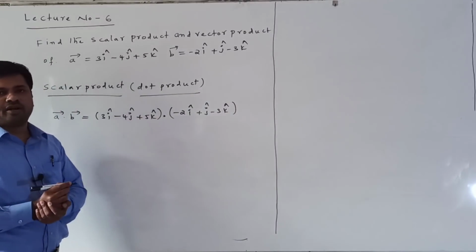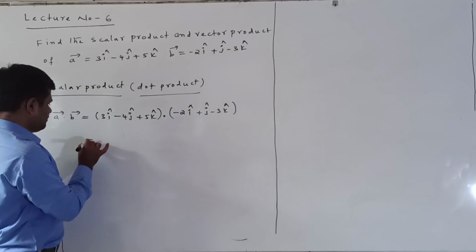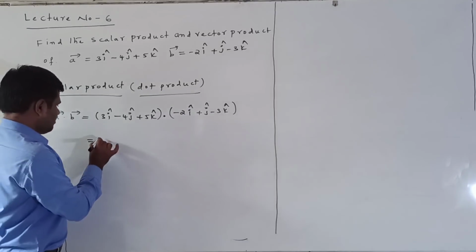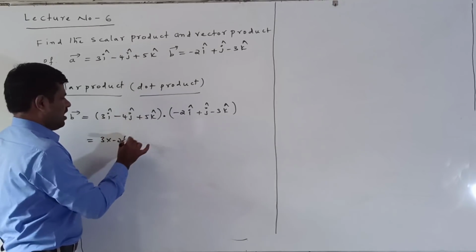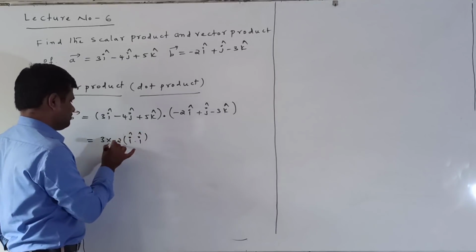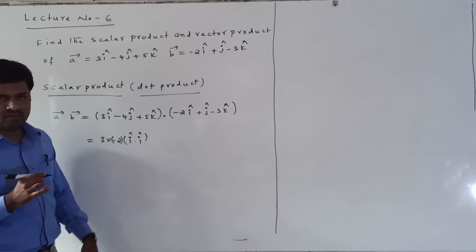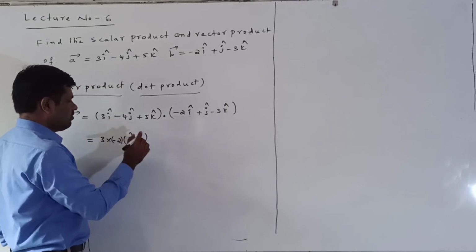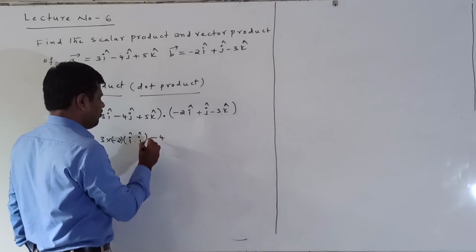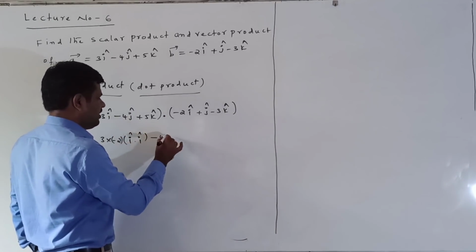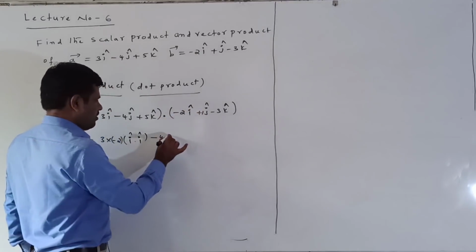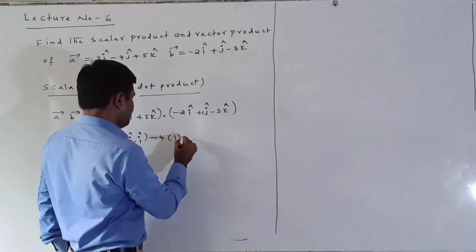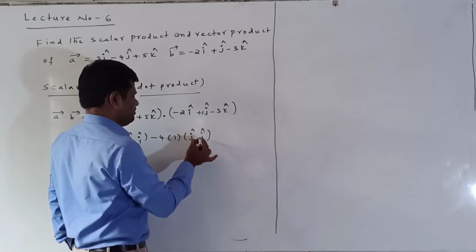Now I am making the dot product. How to make the dot product here? Directly I am multiplying the coefficients: 3 into minus 2 into i cap dot i cap, with a bracket because minus is there. Next, minus 4 into 1 into j cap dot j cap.